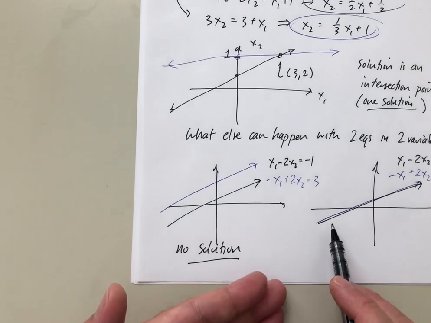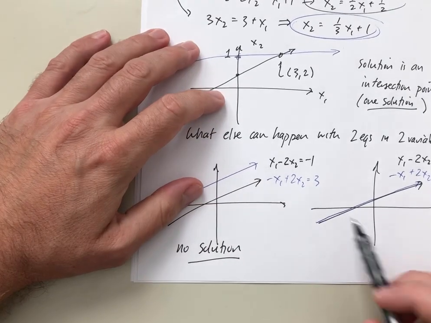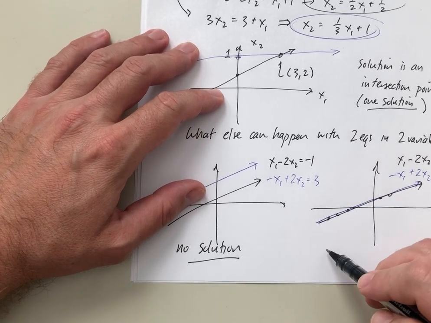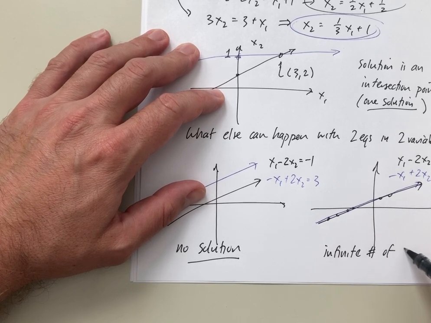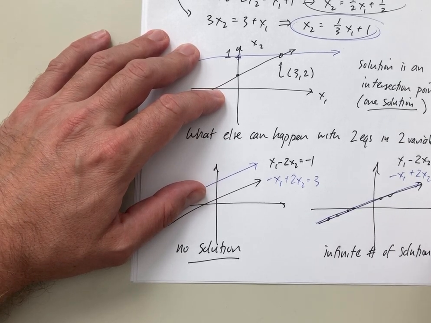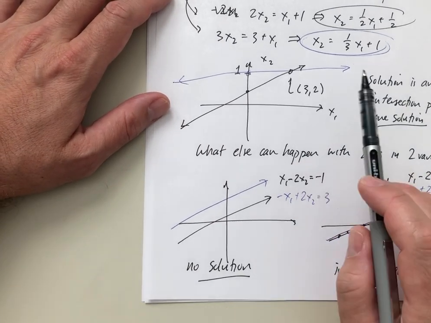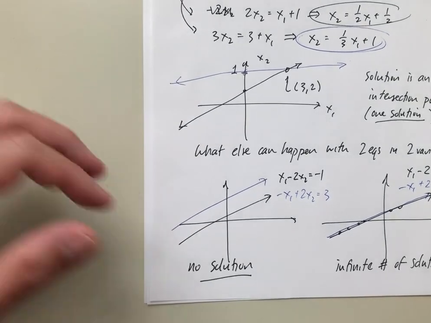And what's going to happen here? Well, again, the solution set is all intersection points. How many intersection points do we have? An infinite number of them. So you have an infinite number of solutions. Okay? So just in this baby example of two lines in the plane, we see one solution, no solution, or an infinite number of solutions as your possibilities.